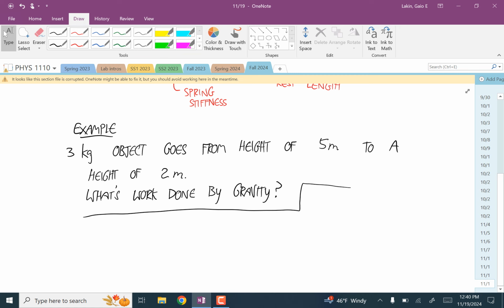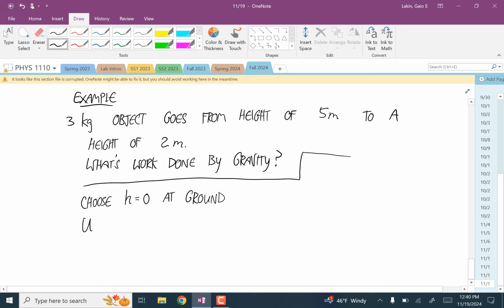Well, we're going to use the fact that the work is the negative change in potential energy. I'm going to choose my height equals 0 to be at the ground. So then my starting gravitational potential energy is the mass of the object times positive 9.81 times a height of 5.